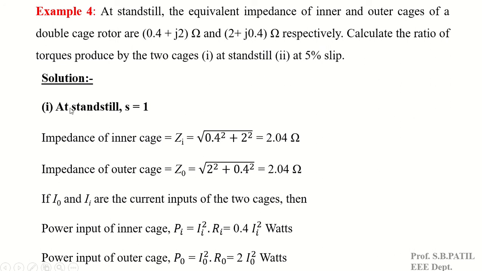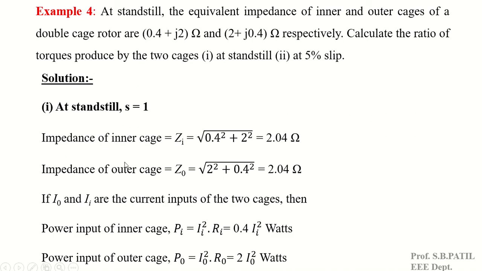First, consider at standstill the impedance of the inner cage, Zi equal to square root of Ri square plus Xi square. You take these two values here, and this is the Zi value. The impedance of the outer cage, Z0, is found from R0 and X0 taken here, and this is the value.